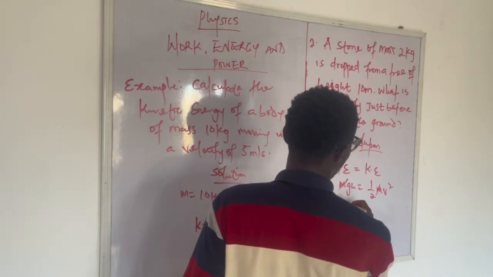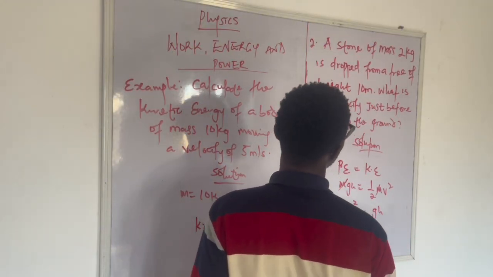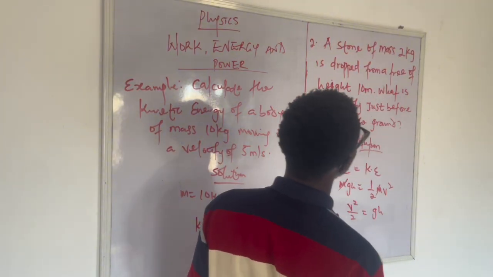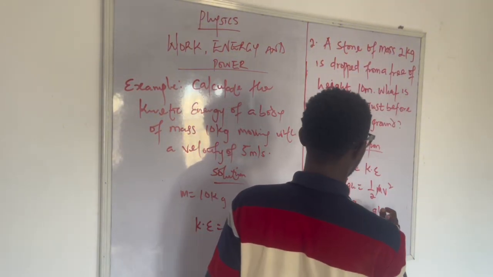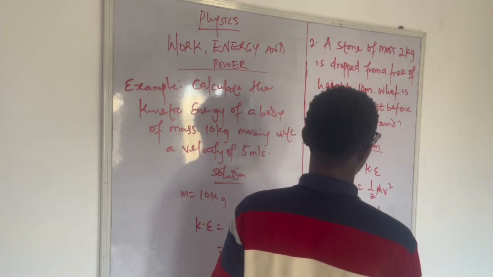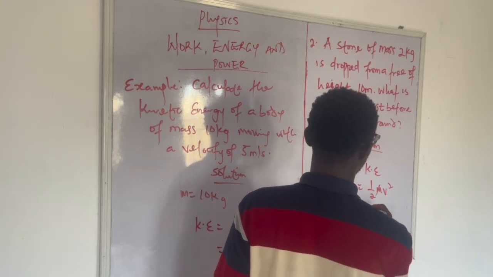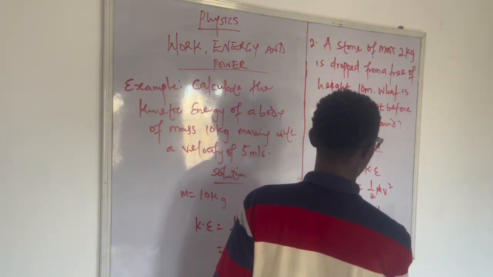So we said v square over 2 equals to gh. Now, what are we told to find? We are told to find the velocity just before it hits the ground. So velocity equals to root 2gh.